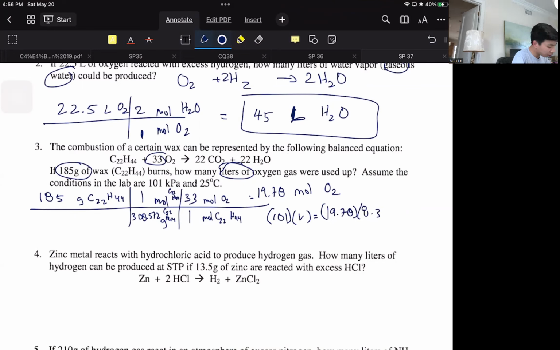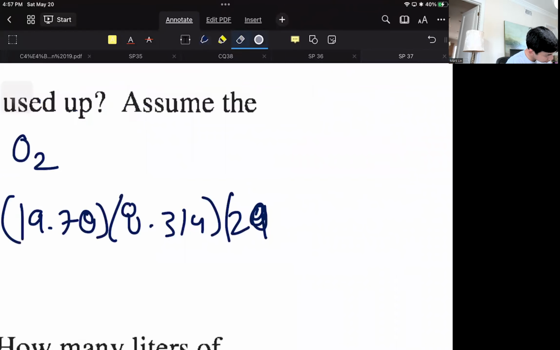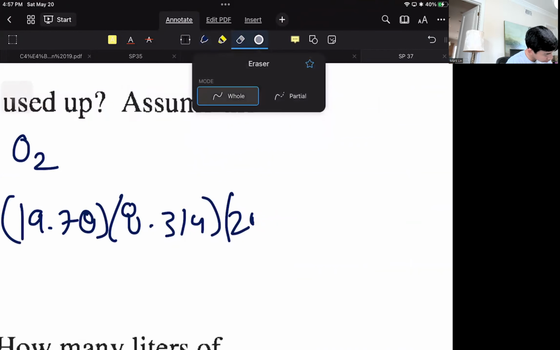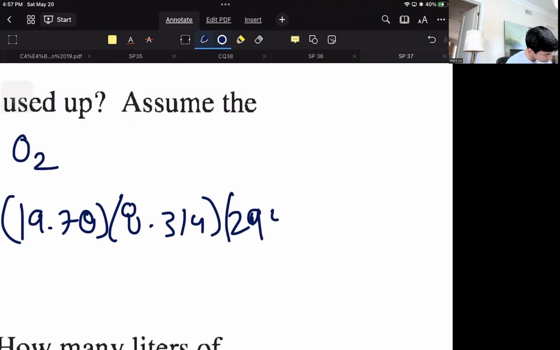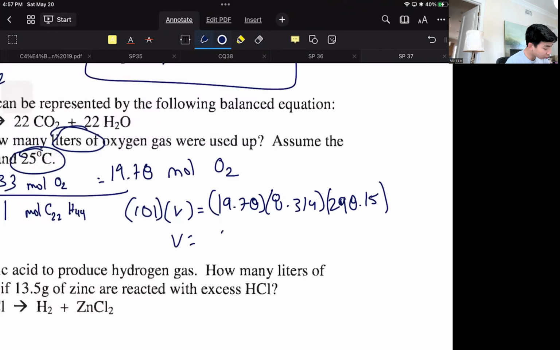The temperature is not 25 degrees Celsius, it's going to be 298.15 Kelvin. You plug and chug, V is going to be 480 liters of O2.